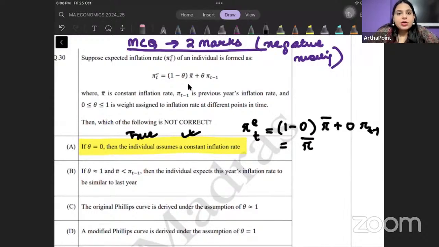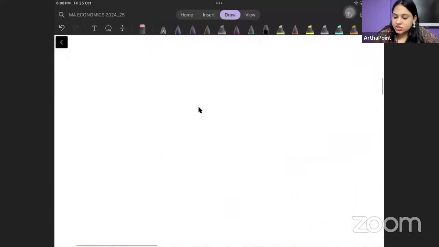What about statement number 2? Theta is equal to 1. So just plug 1 here. क्या आ जाएगा?